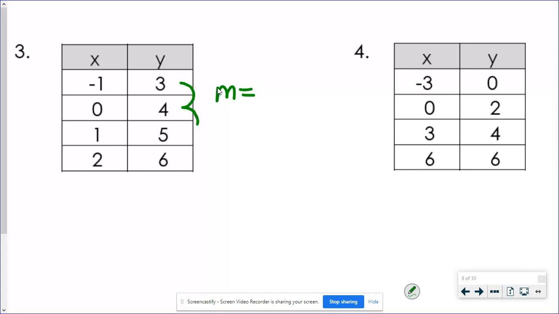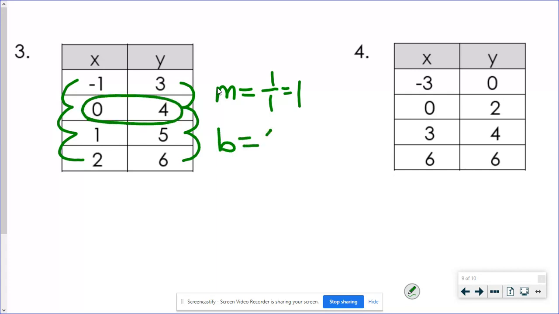But every single time, my y's are increasing by 1, and my x's are also increasing by 1, which means that my slope is just 1. And my y-intercept is where the x is 0. So my equation is just y equals 1x plus 4. Or you could just have y equals x plus 4.